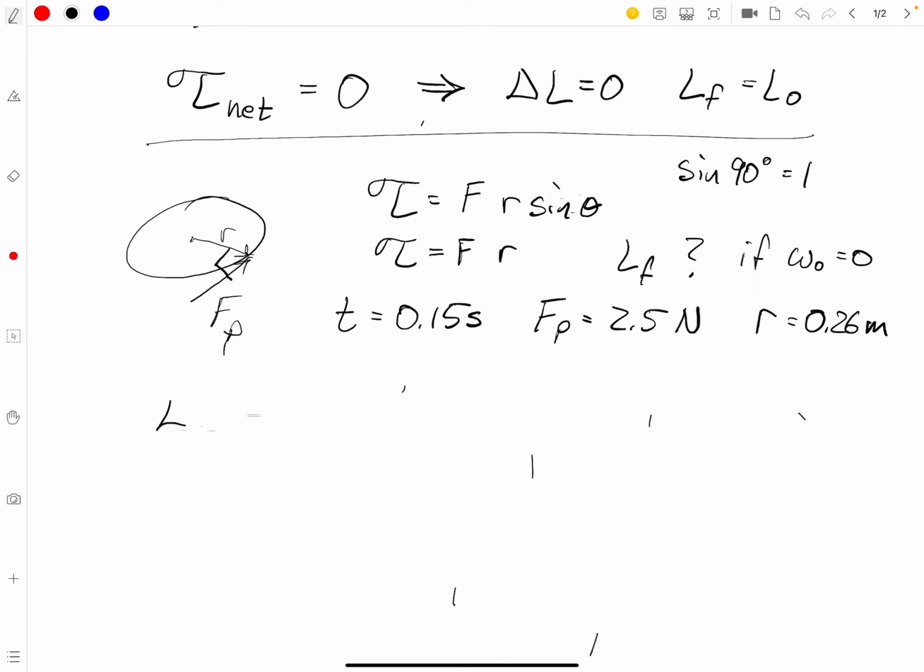We're going to say delta L equals our torque net times T, and that equals L final minus L initial.